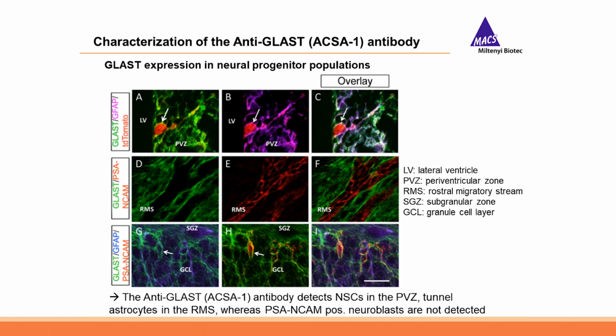And in D, we see that GLAST is expressed on astroglial cells that form scaffolds along the rostral migratory stream, but there's no expression detected in the PSA-NCAM positive neuroblasts.